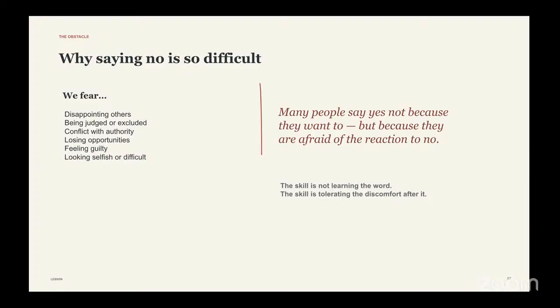That's why the idea of learning the skill of saying no is very important. Learning this skill is also learning how to live with the discomfort of being judged and trusting your judgment.